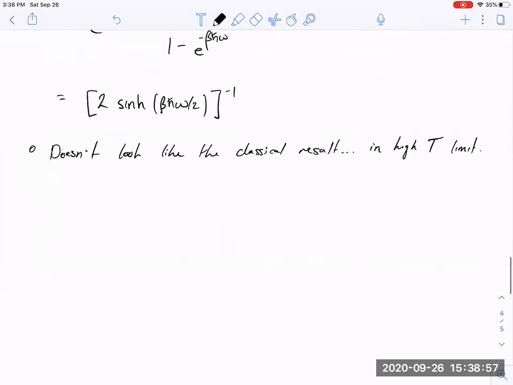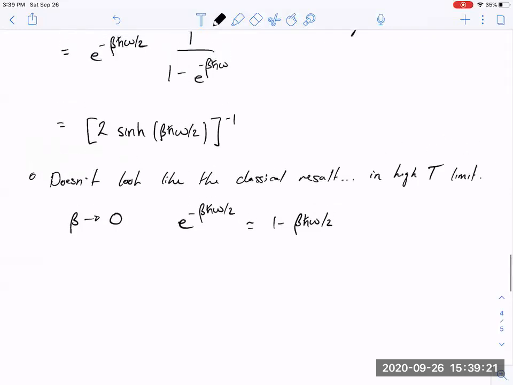All right, well, what's the high T limit? So high T is the same thing as beta going to 0. When beta goes to 0, the factor e to the beta h bar omega over 2 could be Taylor expanded to 1 minus beta h bar omega over 2. So I could Taylor expand that numerator like that.